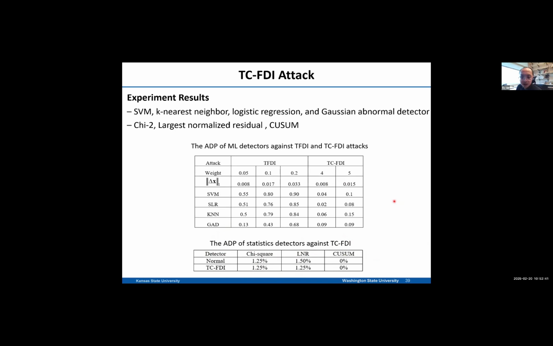So this work identified two limitations of classic machine learning detectors. First, we found that machine learning detectors could not effectively detect an FDR attack with a small magnitude of voltage injection, because when the injection is small, the compromised measurements caused by this attack are only slightly larger than the noise, so the machine learning detector cannot detect them.